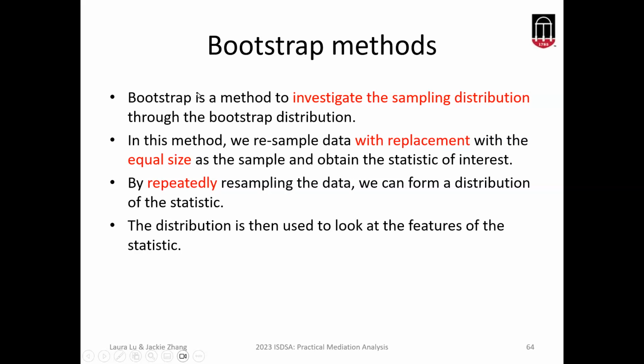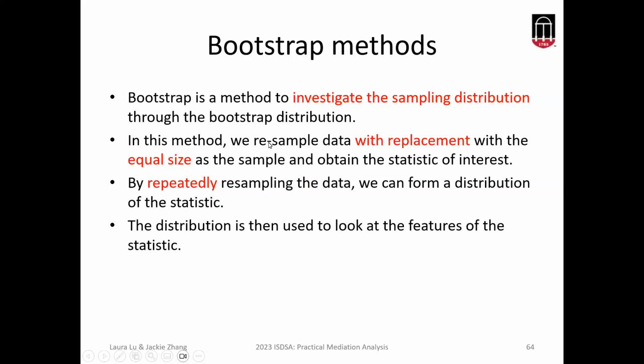So let's look at the bootstrapping method. This method investigates the sampling distribution through the bootstrapping distribution. In detail, this is a resampling method, but with replacement. What does that mean? Once I draw an object from the population, the next time I can still draw the same object. So it's with replacement, but the sample size should be equal to the original sample size, and then we obtain the statistic of interest.